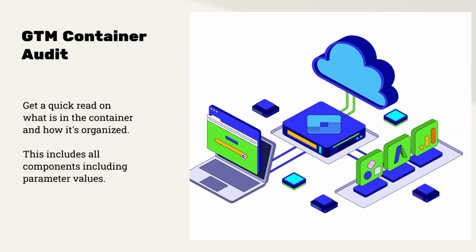GTM container audit. This is an idea that I've put together quite a bit. I always run audits. That's one of the things that I offer to new clients: I want to audit their system and try to understand what's going on, what's broken, what's working, and also what could be better.